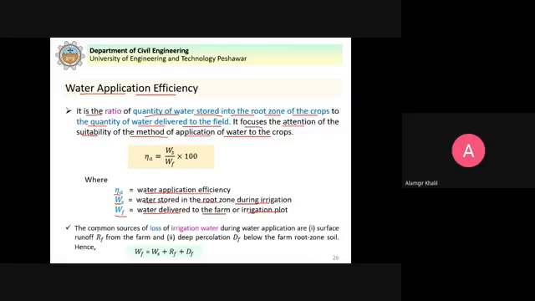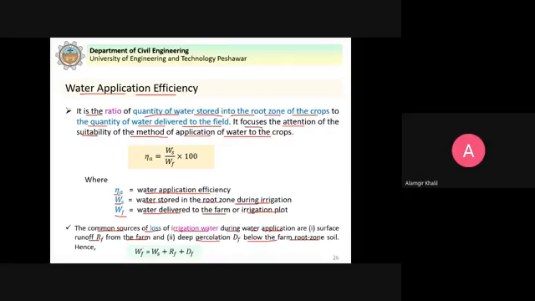The common sources of loss of irrigation water during water application are the surface runoff from the farm and deep percolation below the farm root zone soil.